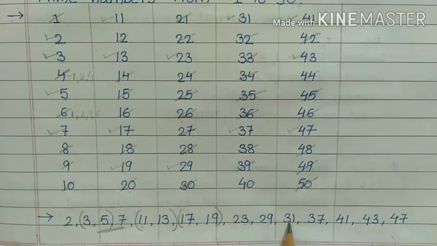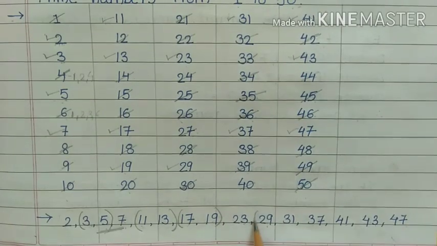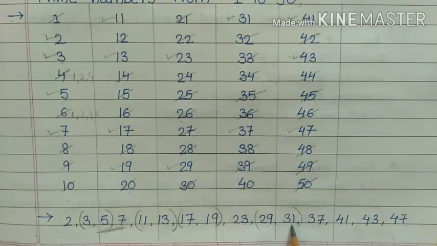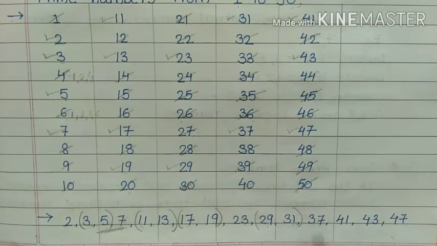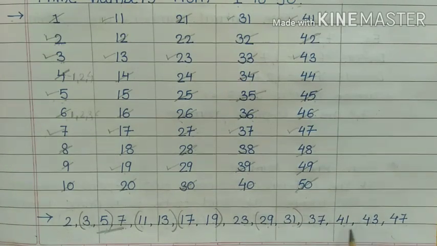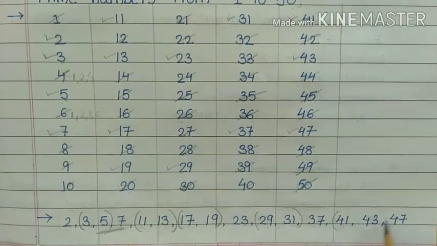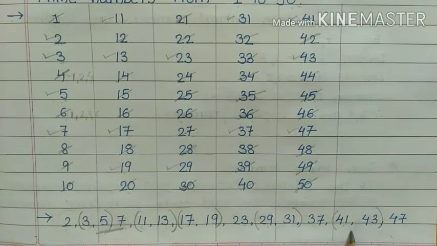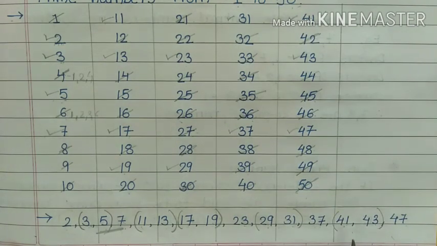No. 29 and 31. Yes, because the difference is 2. 31 and 37. No, difference of 6. 37 and 41. No. 41 and 43. Yes, difference of 2. Okay. Clear, everyone? How to find out the twin prime numbers? If the difference between two co-prime numbers is 2, those numbers are said to be twin prime numbers.